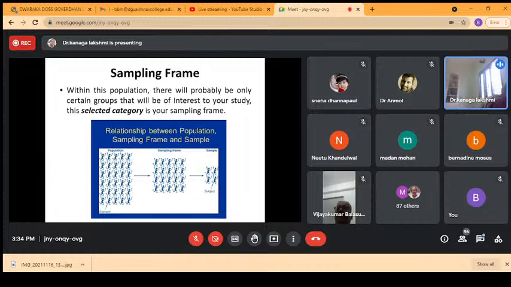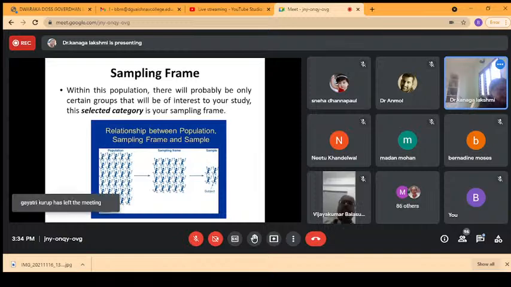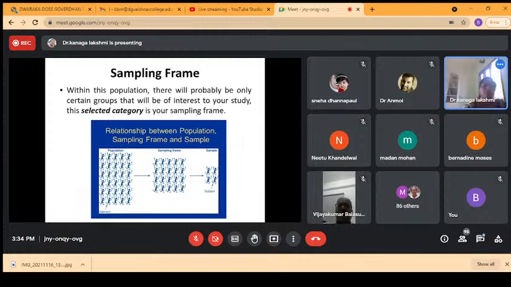Next, coming to the sampling frame. The relationship between the population, sampling frame and sample: within this population, there will probably be only certain groups that are of interest to your study.